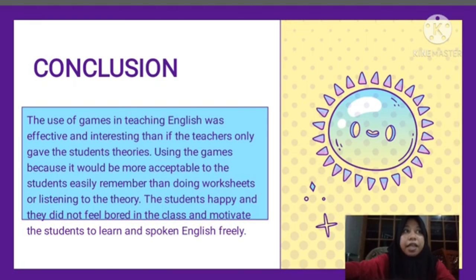Using games is more acceptable to the students, and they remember more easily than doing worksheets or listening to theory. The students are happy and do not feel bored in class, and are motivated to learn and speak English freely.